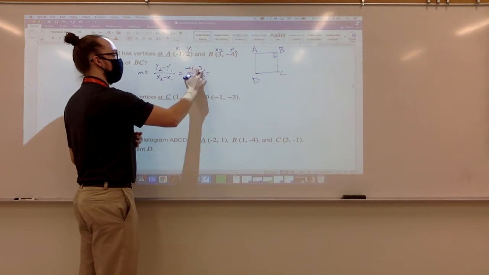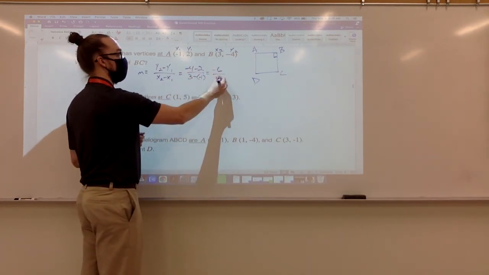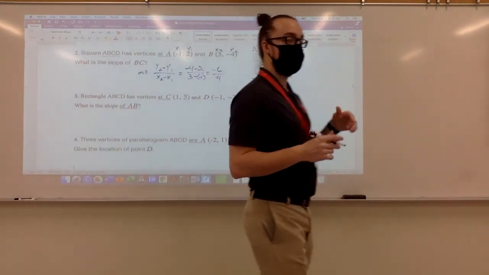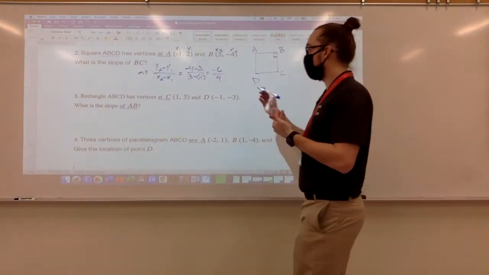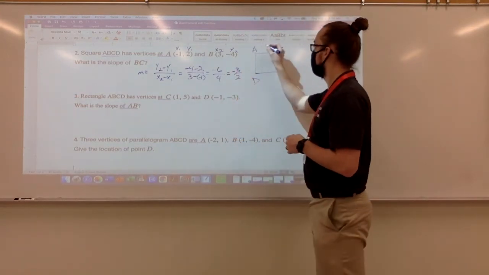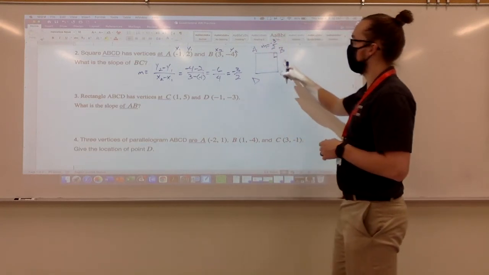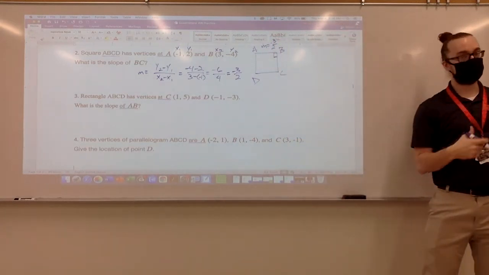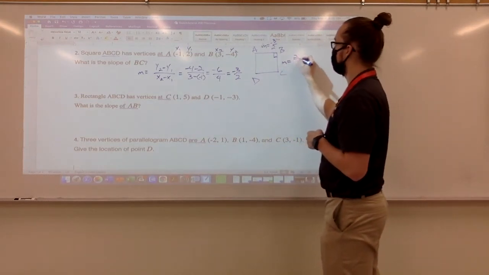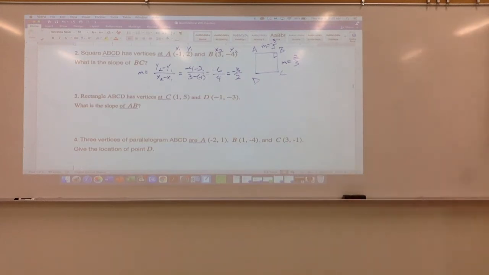So negative 4 minus 2 would be negative 6 over 3 plus 1 would be 4. So the slope of AB is negative 6 over 4, or we could reduce that to negative 3 over 2. So if my slope here is negative 3 over 2, the opposite reciprocal of that would be positive 2 over 3. Or if you had positive 4 over 6, that would be fine as well.